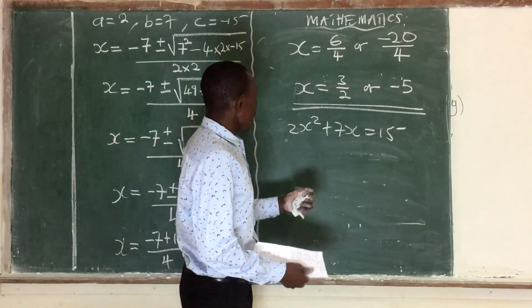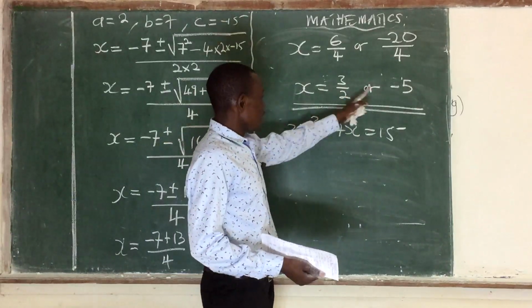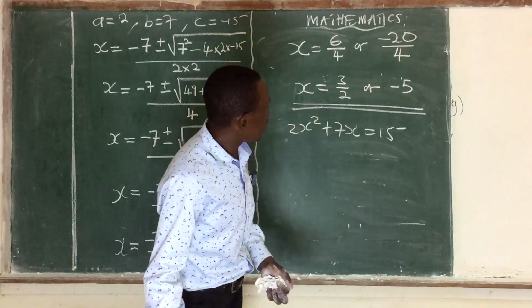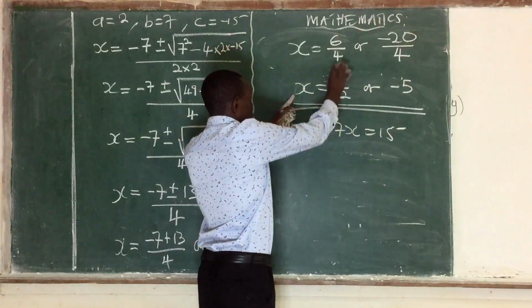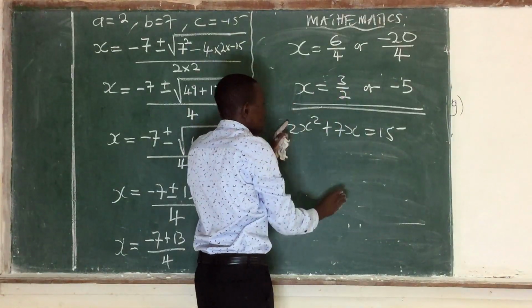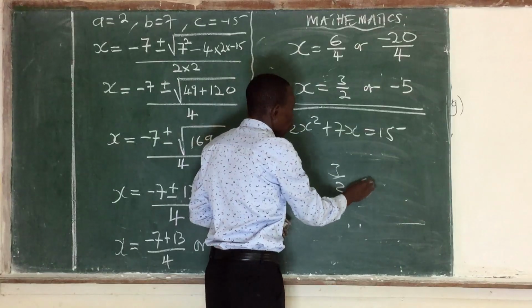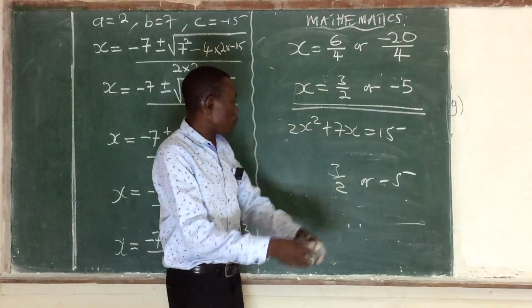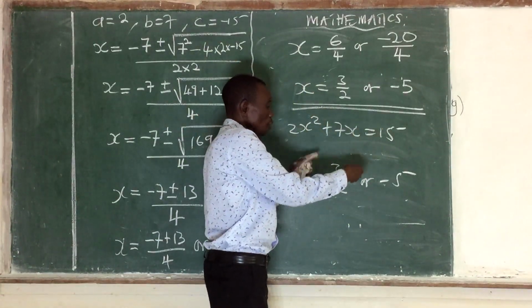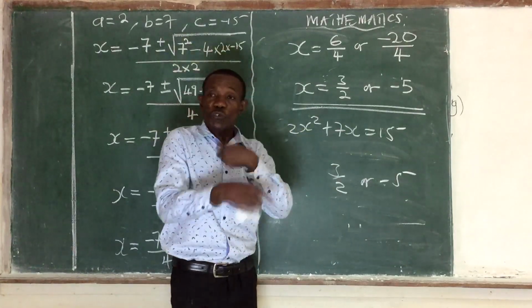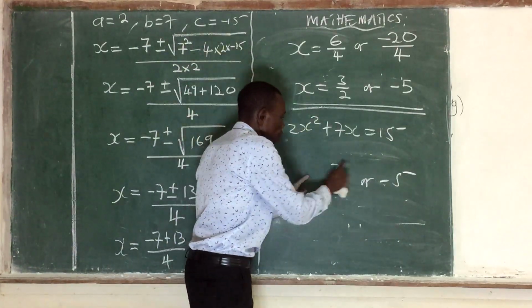So what we're saying is, for you to find out that these are the roots, you should be able to use them, that is 3 over 2 or negative 5, to come up with the equation itself. So let's see how best we can produce the quadratic equation from these given roots.